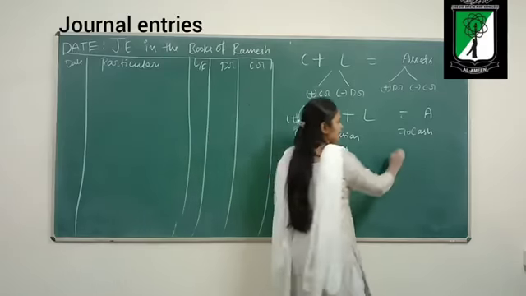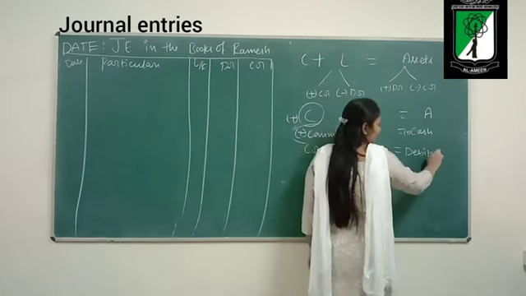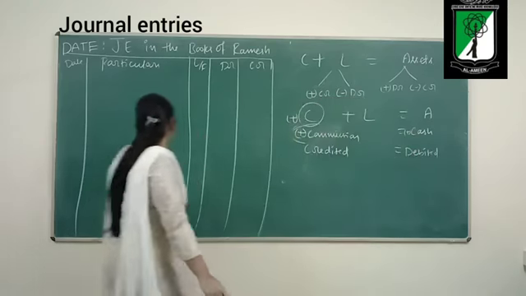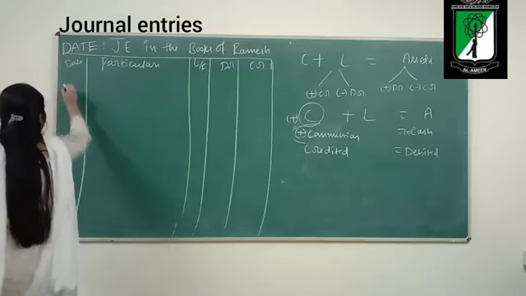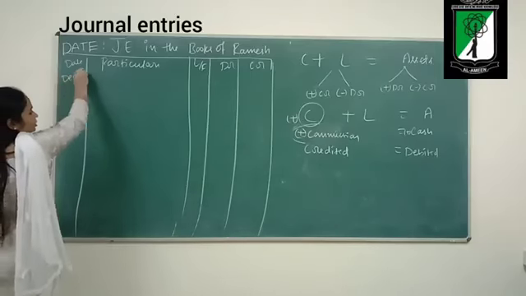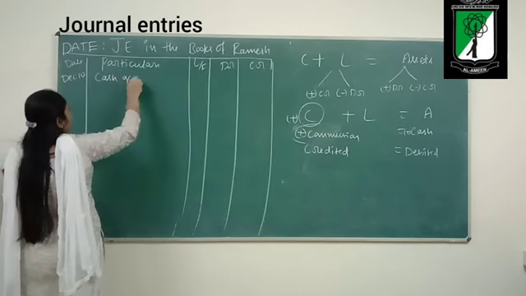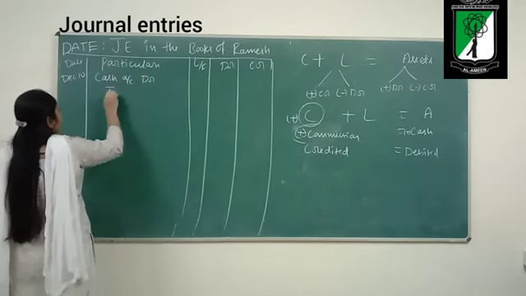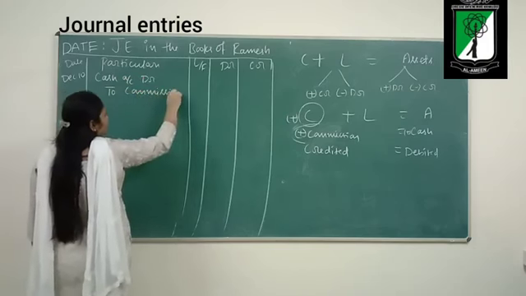Cash is an asset. Increase in asset should be debited. So, what is the journal entry? Date of the transaction is December 10. Cash account debit to commission account.